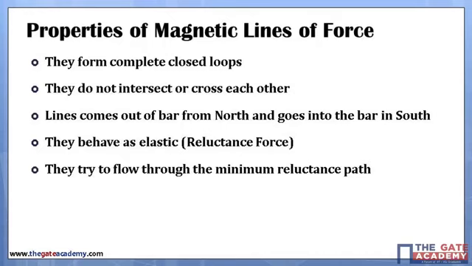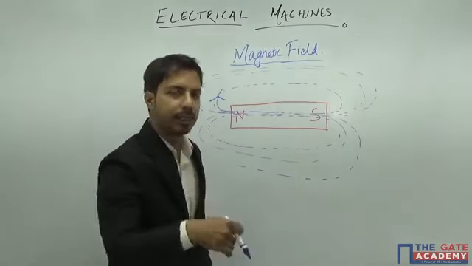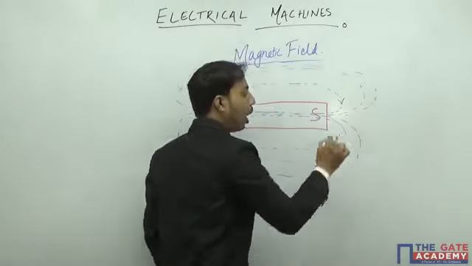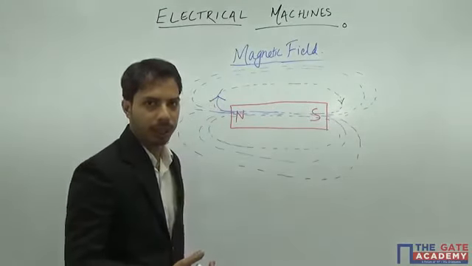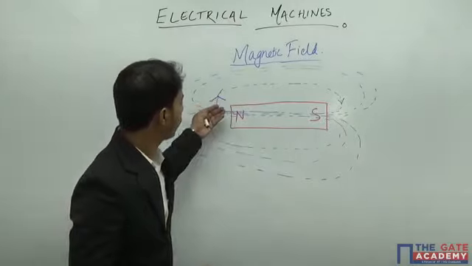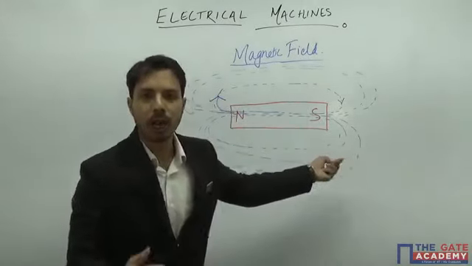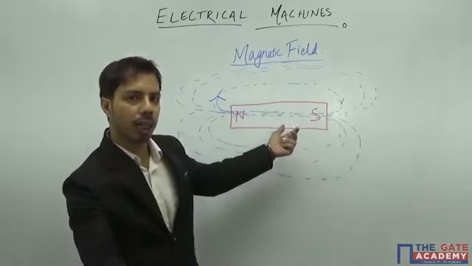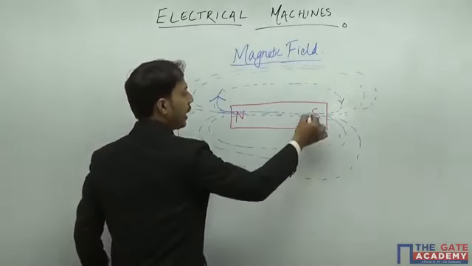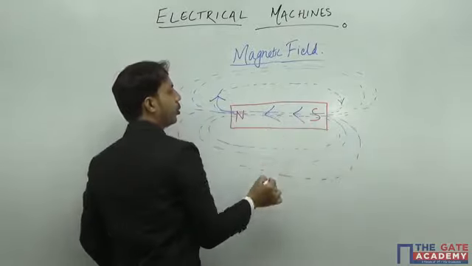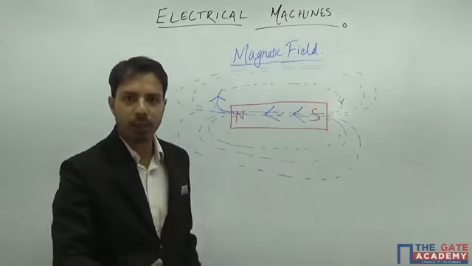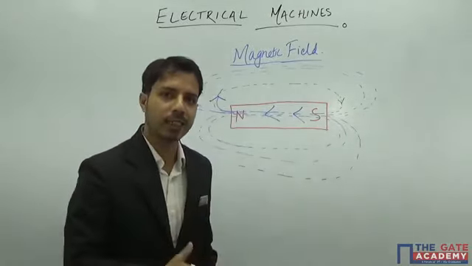The third important point is these magnetic fields have directions. That means it comes out from north and enters through south outside the bar. In other words, it goes from north to south outside the bar and from south to north inside the bar.